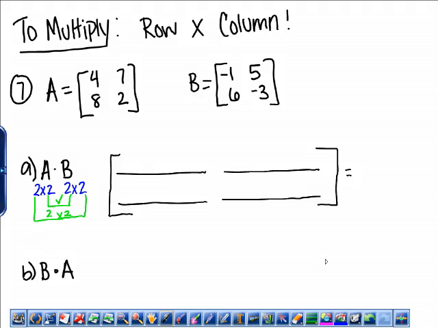Okay. To fill this first spot, in the first row and the first column, I'm going to take the first row from A and the first column from B. So I'm going to do 4 times -1 plus, still working on the top row in the first column, 7 times 6.